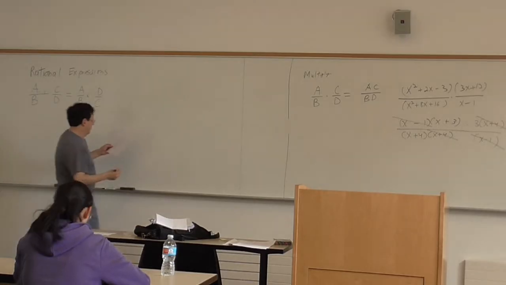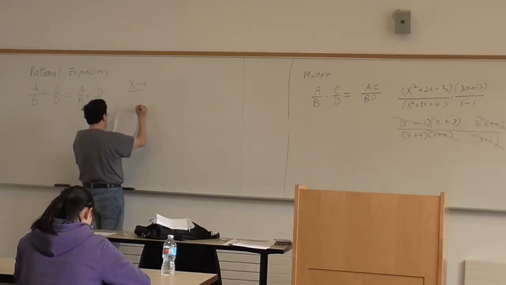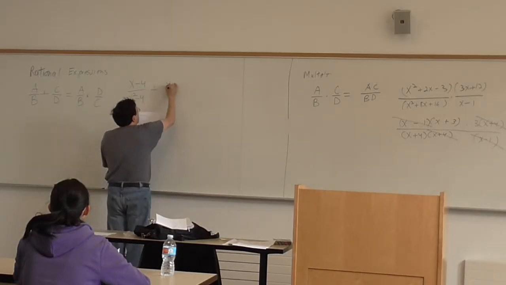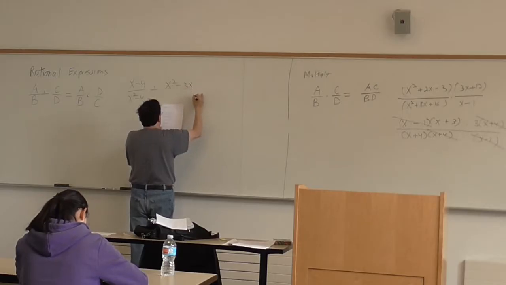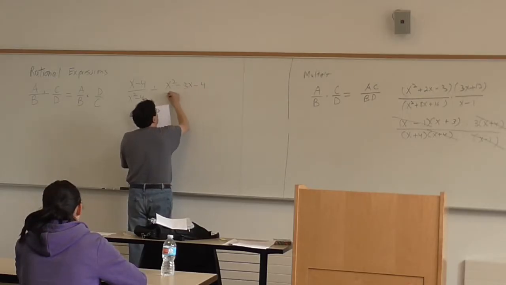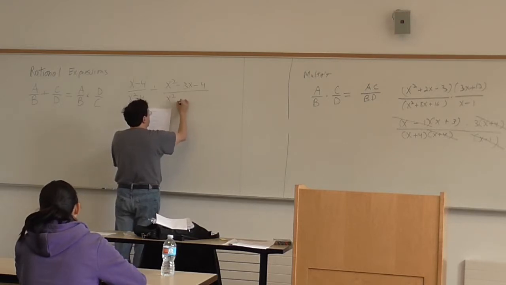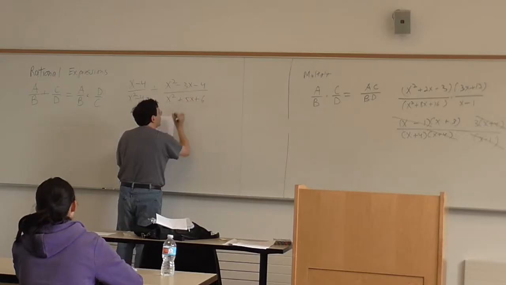So, as an example, let's take x squared minus 4, divided by x squared minus 3x minus 4, over x squared plus 5x plus 6.